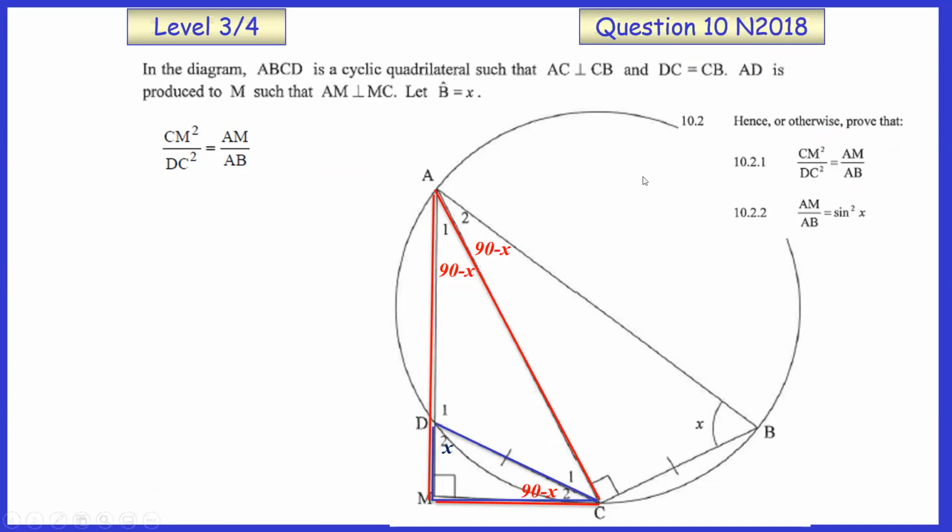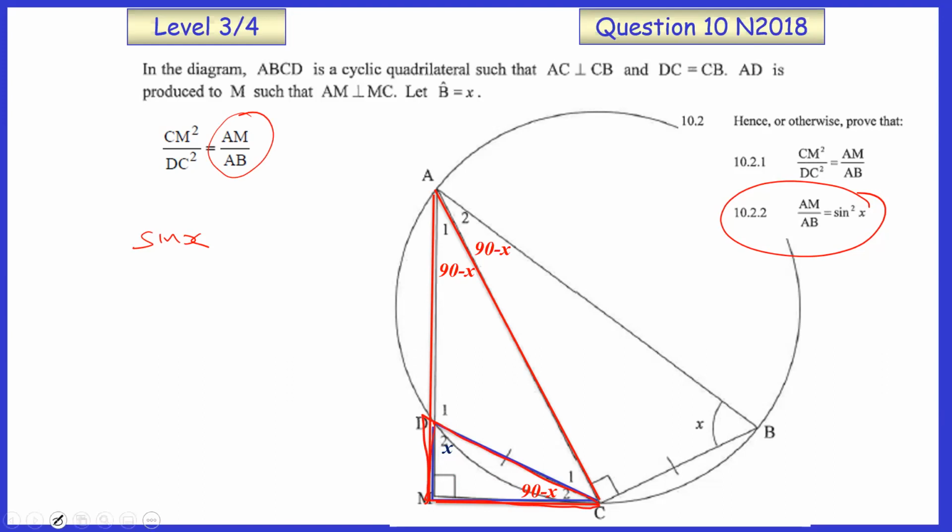The next question wants you to prove that AM over AB is equal to sine squared X. But we just found AM over AB, which is CM over DC. Now look at the diagram. So we want to find out what is sine X. What is sine X in the blue triangle? Who can tell me what is sine X in the blue triangle?